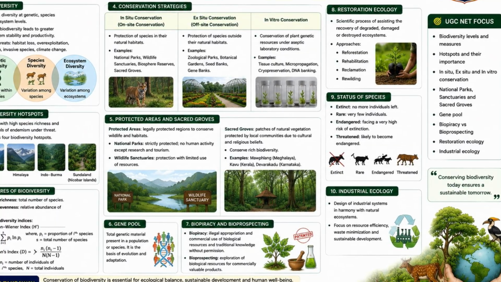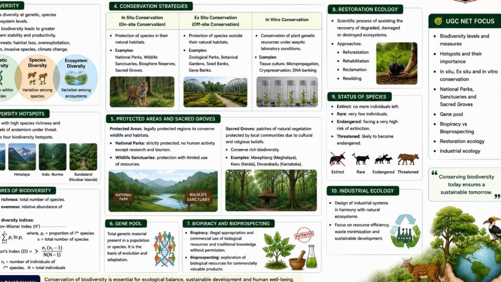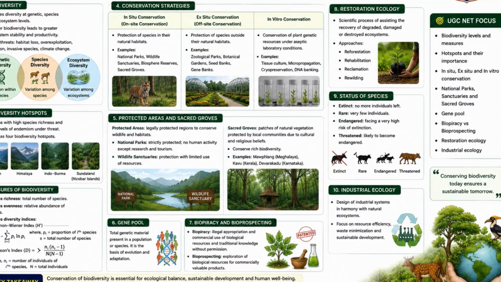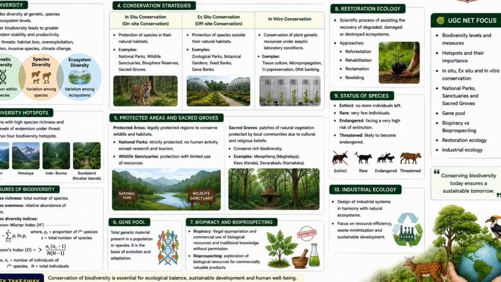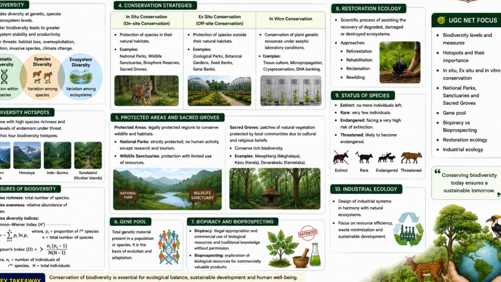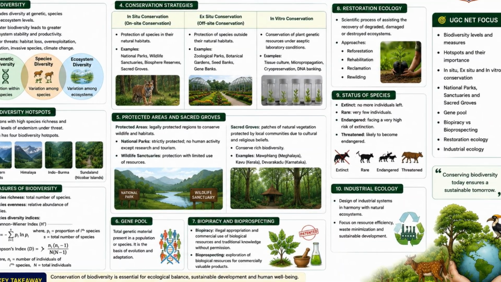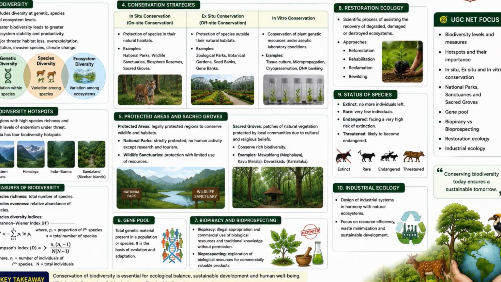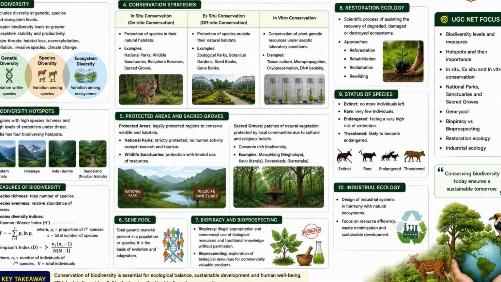India possesses 4 biodiversity hotspots, namely the Himalaya, Western Ghats and Sri Lanka, Indo-Burma region, and Sundaland, which includes the Nicobar Islands. Biodiversity is measured using parameters such as species richness, species evenness, and diversity indices.